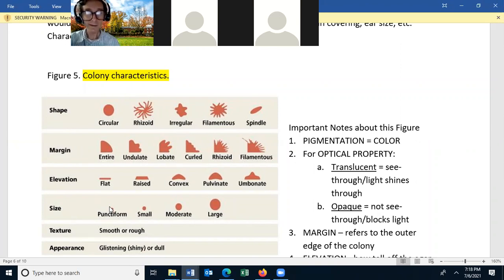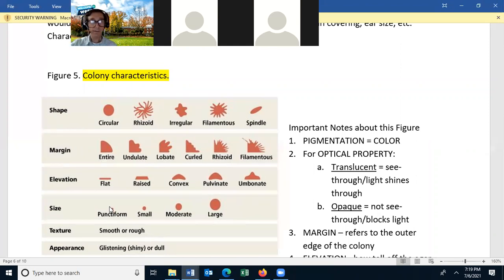Small is something smaller than the eraser on a pencil. I don't have one, but it'll be about this size. And then large is something that is larger than the eraser on a pencil. And moderate is something between large and small.